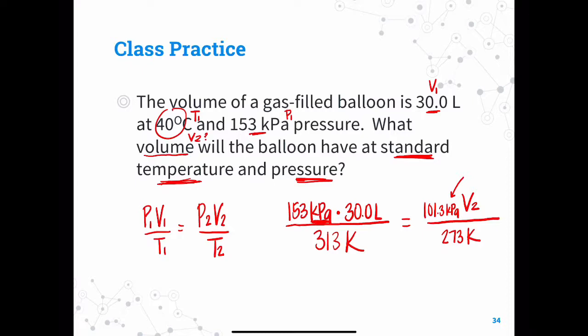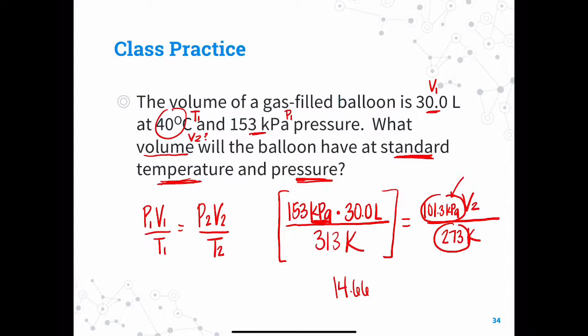Okay, so for this one, we're going to go ahead and solve. The way that I personally choose to solve these is I like to solve this half of the equation first. So I'm going to multiply 153 times 30 and then divide by 313, and I got 14.66. Now over here, I like to divide this part: 101.3 divided by 273.